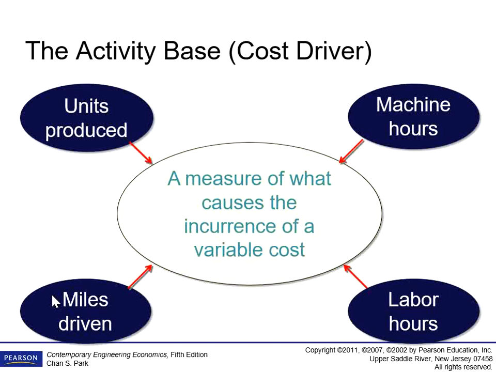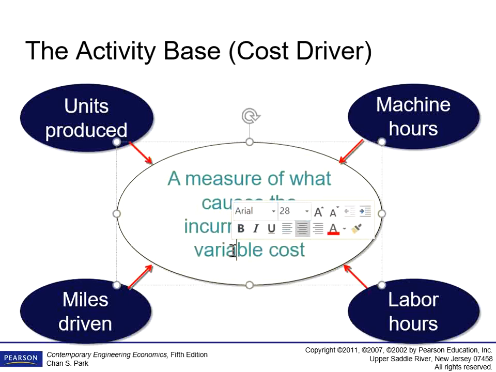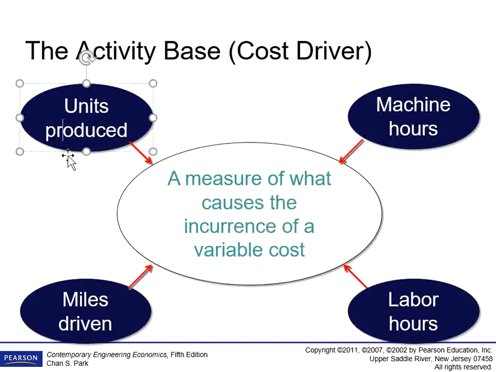Now another concept in variable costing is what we call activity based, or the cost driver, or the volume. It means what causes the cost, right? A cost driver is a measure of what causes the incurrence of a variable cost. What is the reason for the occurrence of a variable cost? Is it the number of units we produce? It depends on your situation.